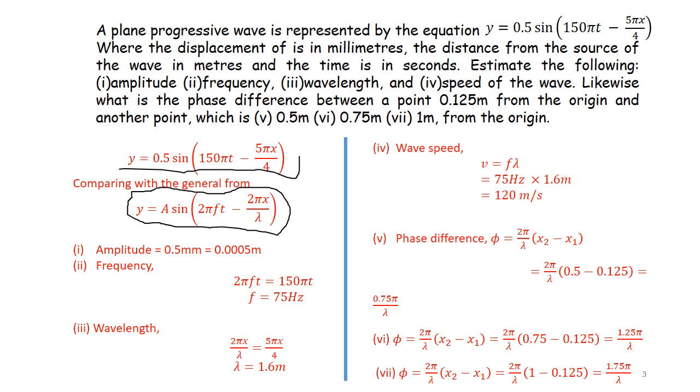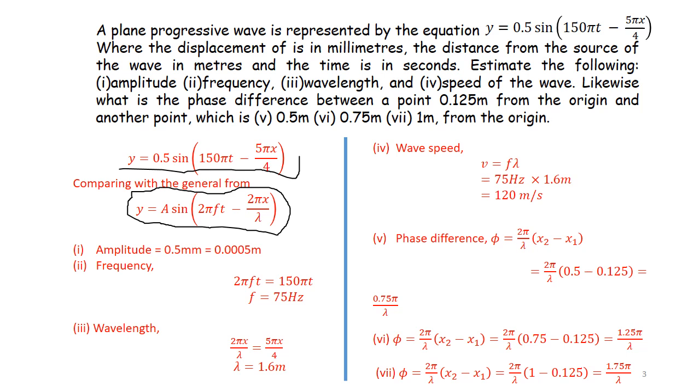So if it is given as plus in your question, then you have to put a plus here. If the function of x comes first and this one comes here, likewise you rearrange it. 2 pi x over lambda, you bring it here. 2 pi ft, you bring it there. Okay, you must arrange so that it will be easier for you to handle.